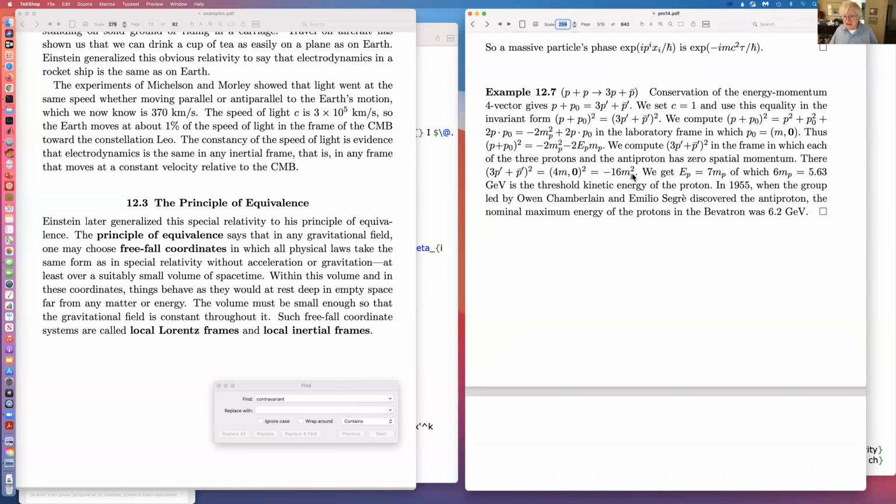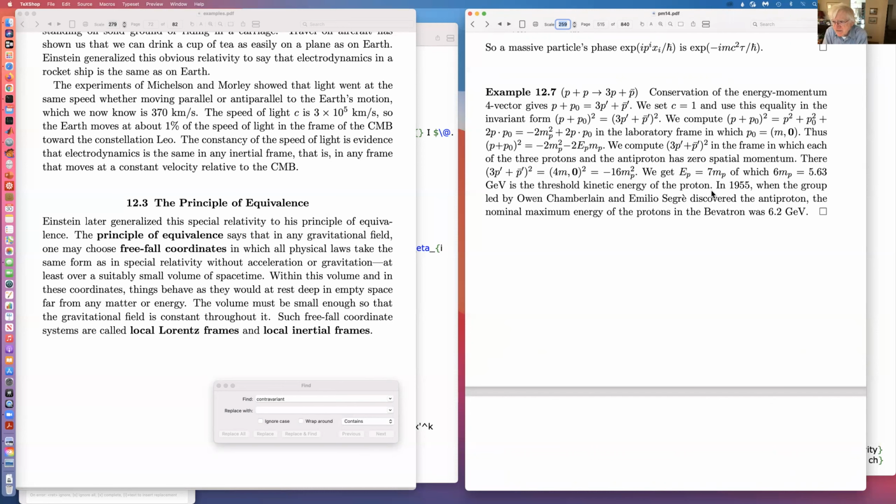That's minus 16. And so now if you equate minus 16 to this, you find that E has to be 7 times the mass of the proton. And so 6 mass of the proton is the threshold kinetic energy of the proton, in order to have the process go.